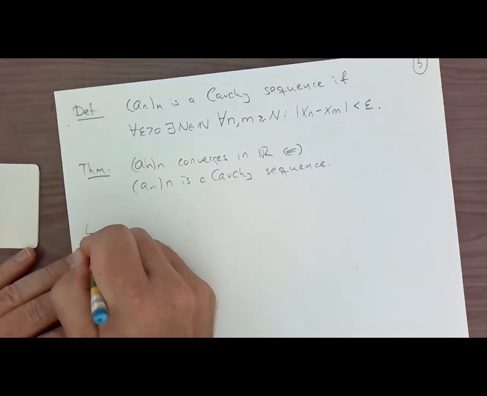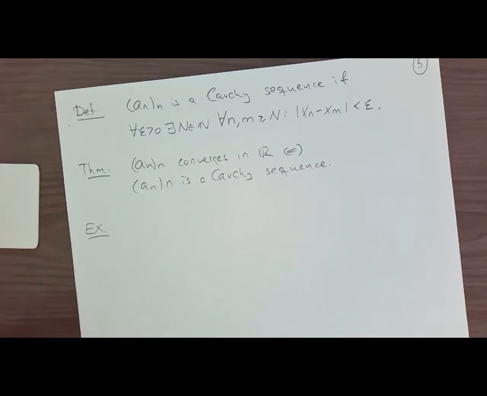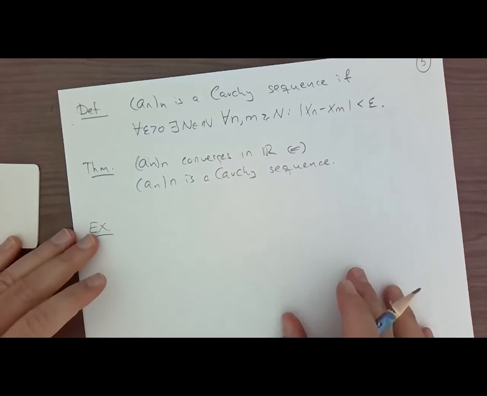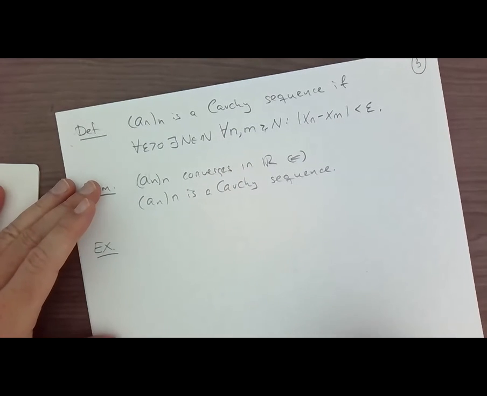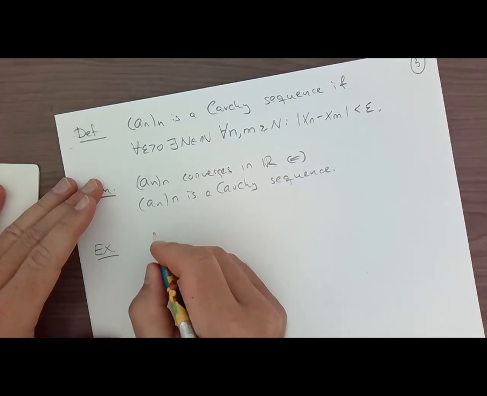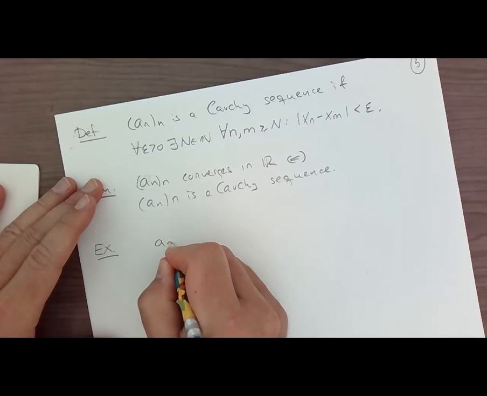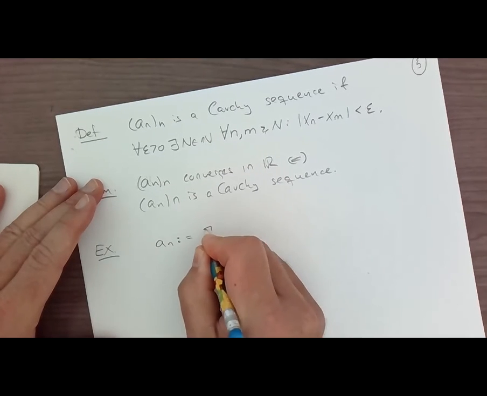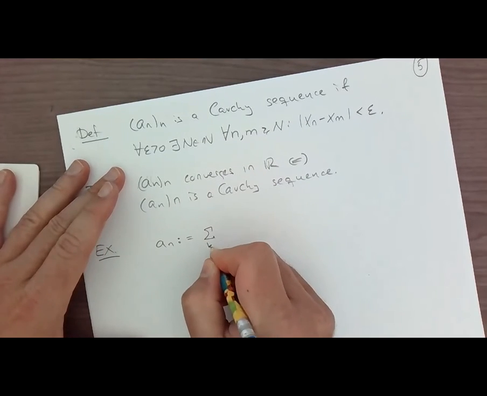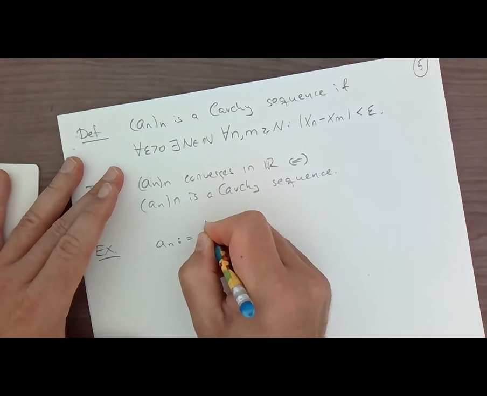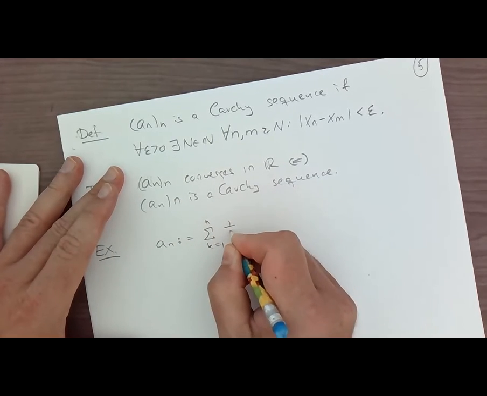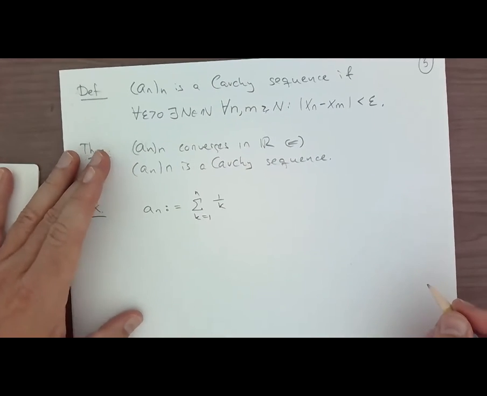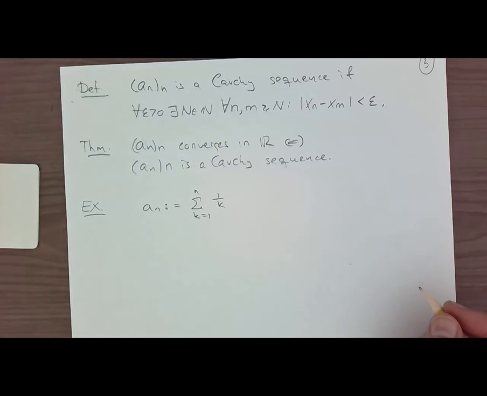So one could try this example that we've had. We studied it multiple times. So if I took a_n and let it be this series where I go from k equals 1 to n of 1 over k. That's something we've had a number of times.